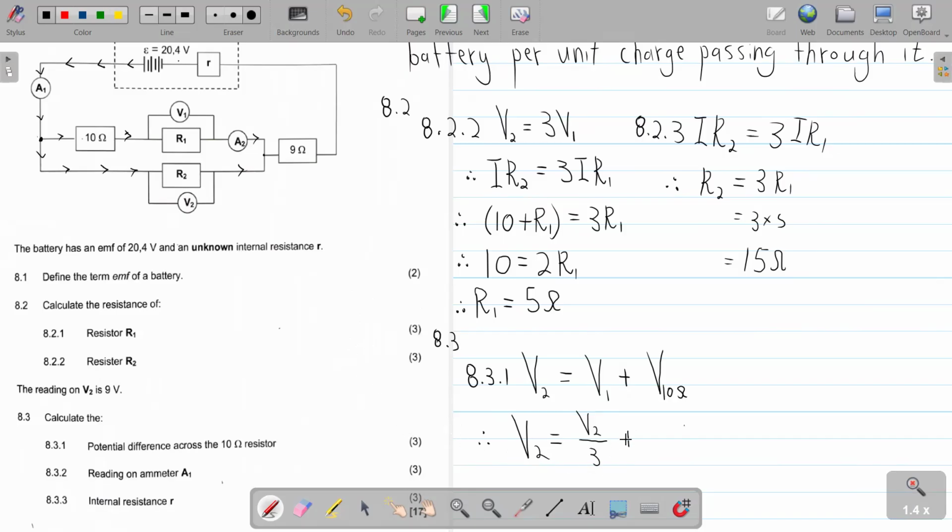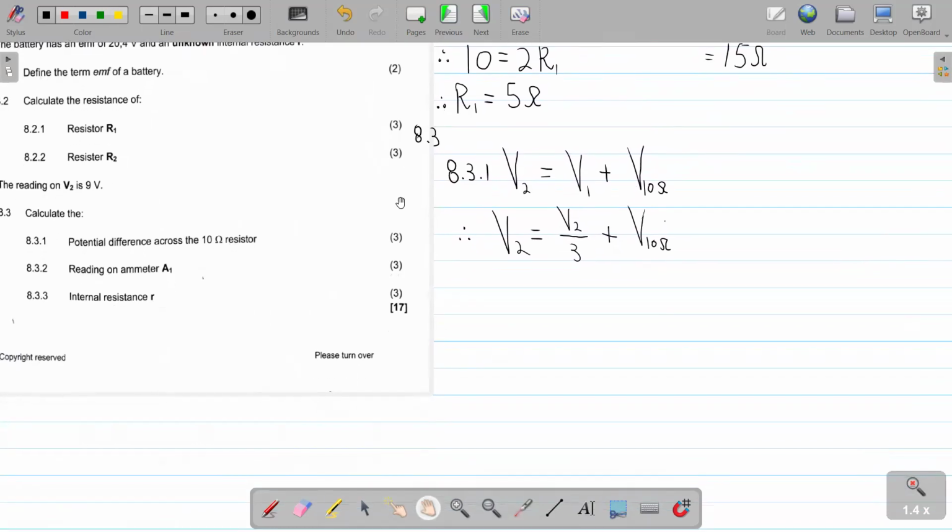Then plus V 10 ohms. So therefore, 9 will be equal to 9 divided by 3 plus V 10 ohms. So therefore, V 10 ohms.